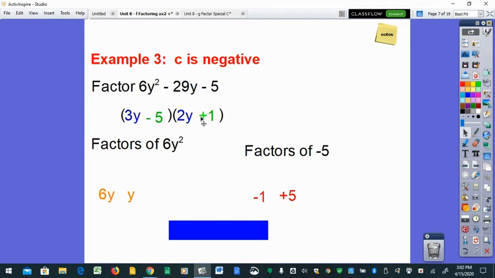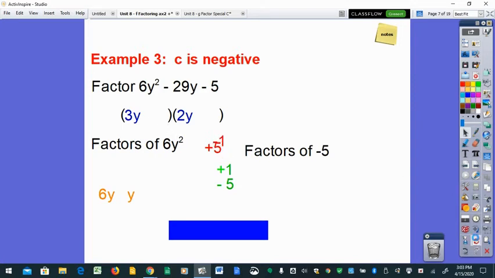And a positive 3y and a negative 10y don't combine to negative 29. So this pair I don't want. I'm going to throw them out for right now. Now the next thing, would it make a difference if the signs were switched? And pretty quickly you're going to realize that you're just going to get the positive or the negative difference. So this isn't working. So the 3 and the 2 are kind of a fail.